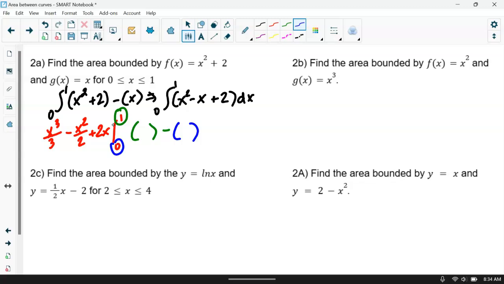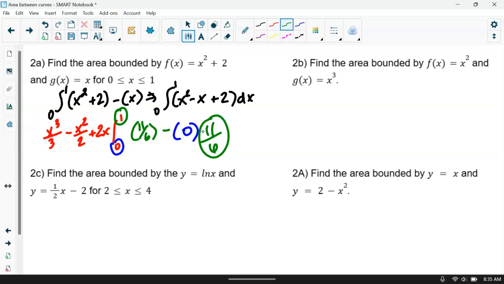So now here you should have noticed when you substitute 1, you should get 11 over 6. Minus when you substitute 0, notice it's nice because everything goes to 0. So the area is 11 over 6 square units.